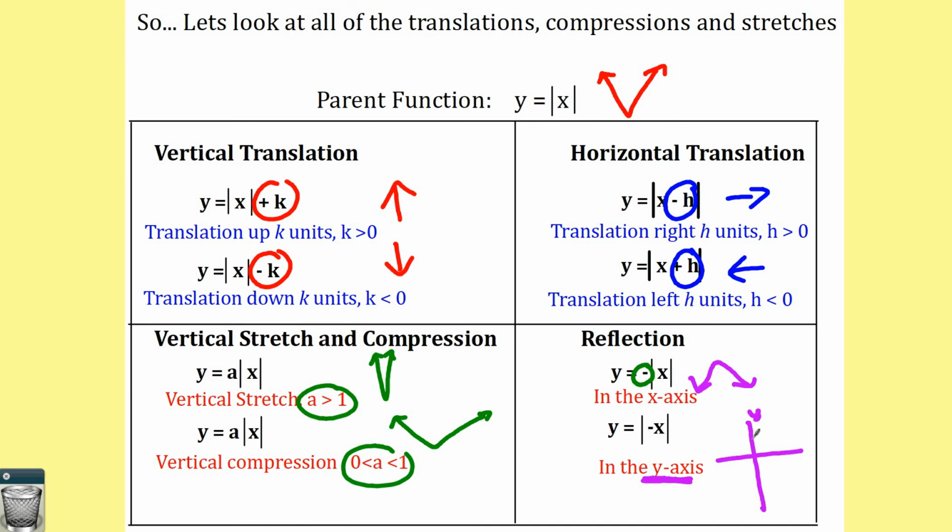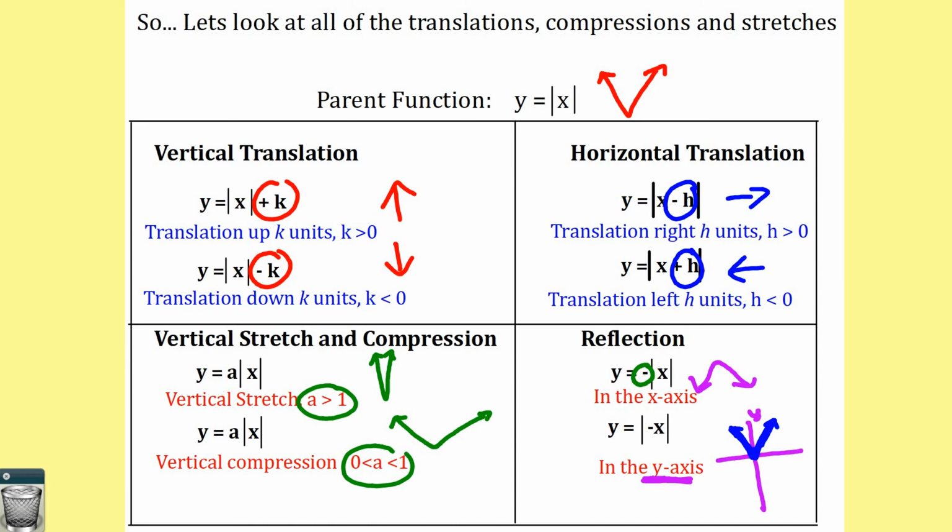If we have a graph, let's say here, and I flip it that way, that doesn't really do anything. This line ends up on top of that line. Since it's symmetrical, there is really no need for the reflection in the y-axis. That negative doesn't really do anything, only for absolute value. So we typically only say reflection in the x-axis.